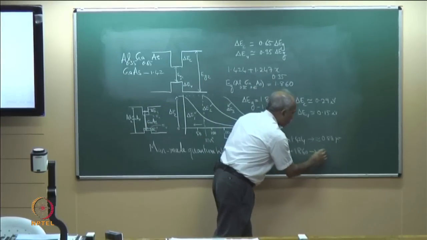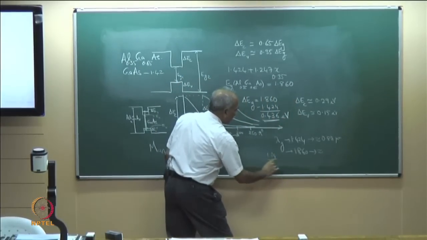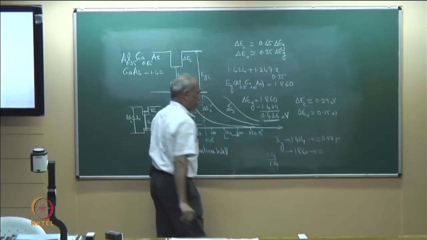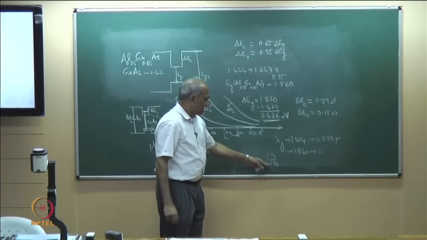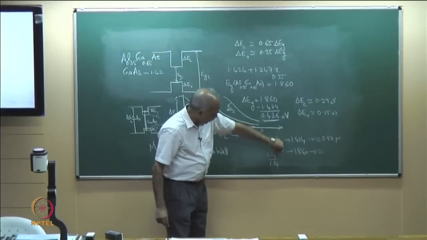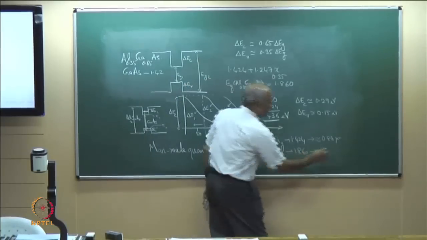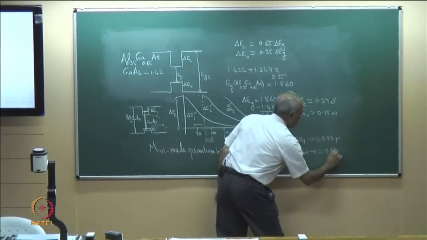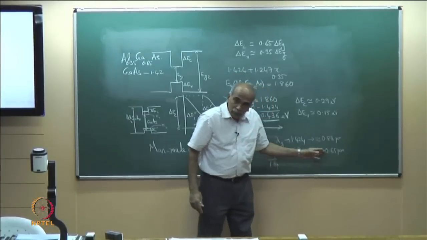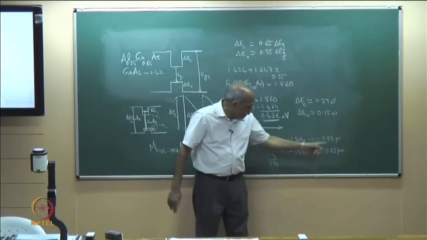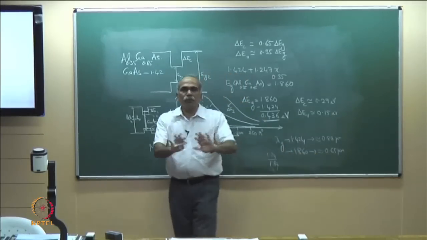How much will it come? 1.24 divided by 1.86, approximately 2/3. If I drop this and this, it is 12 by 18, which is 2/3. So it is approximately 0.65. The point is, you can tune the emission from 880 nanometer to 650 nanometer, the maximum tuning variation.